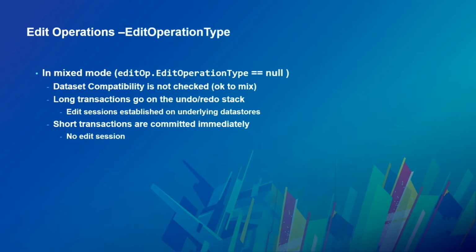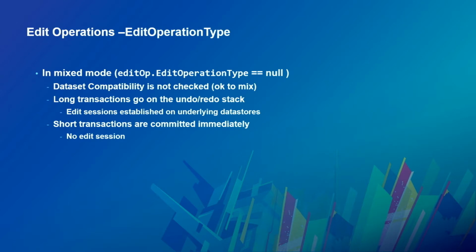So this edit operation type is really, so by default, if you were to look at that property, it is null, meaning that it is actually of this type of a mixed mode, and it's not being enforced. So the ordering is happening, so the long transactions go onto the undo and redo stack.